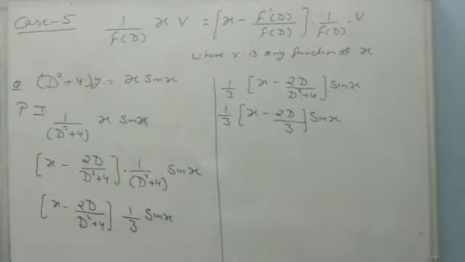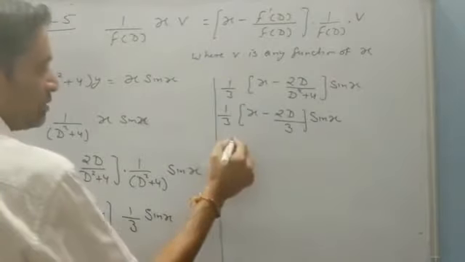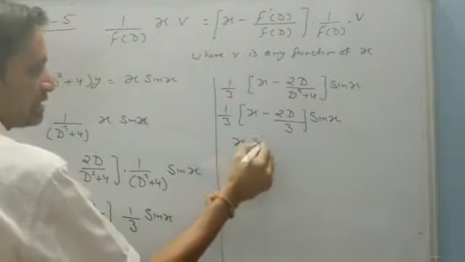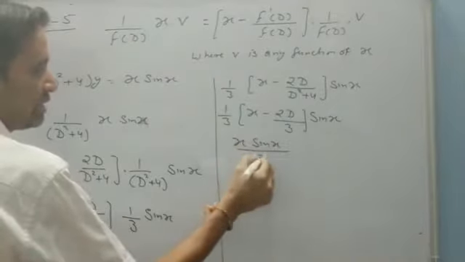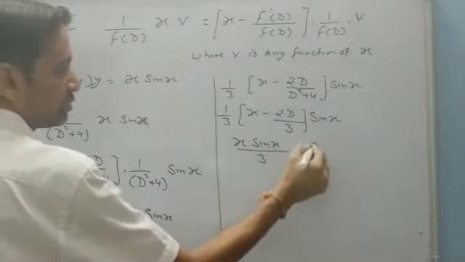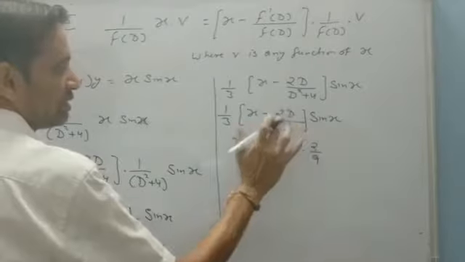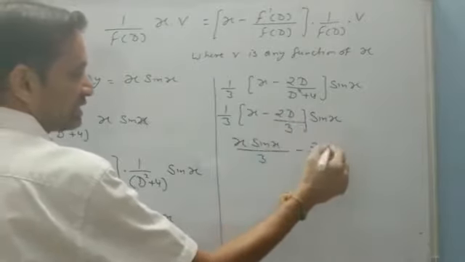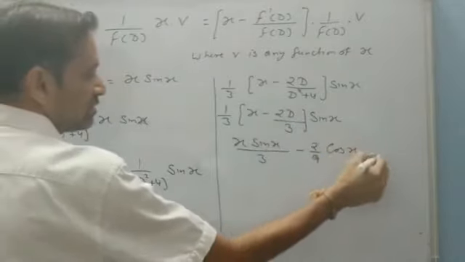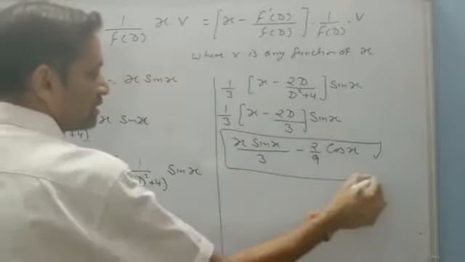Now just multiply, you will get the answer. It will become x sin x by 3 minus 2 by 9. Derivative of sin x is cos x. This is our PI.